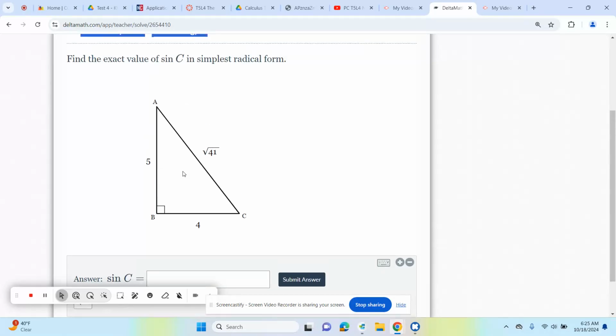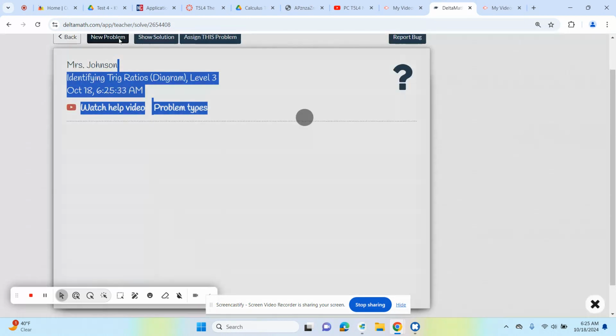Okay, sine of C, and we've got 5, 4, and the square root of 41. I'm going to write a couple of these down real quick.